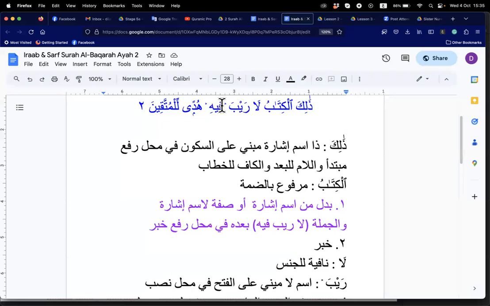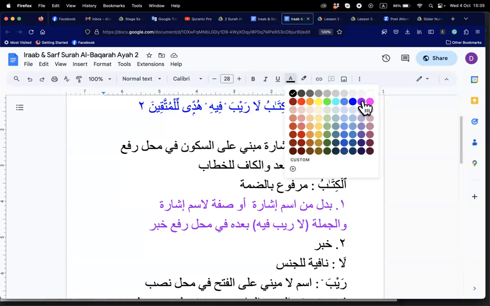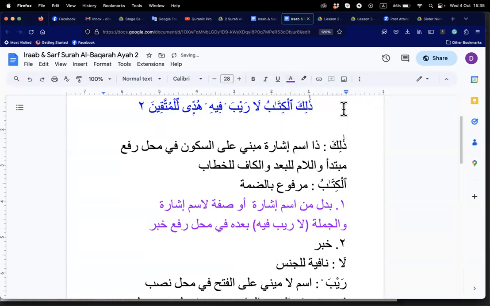From dhalika to la roiba fi, as this is a fragment, and this is basically dhalikal kitab is your mubtada, la roiba fi is your khabar. How do I do that? Dhalikal kitabu. Okay, I don't really understand the difference.